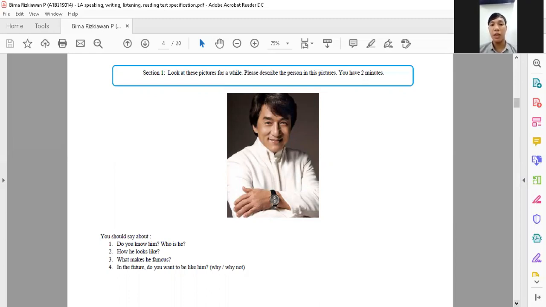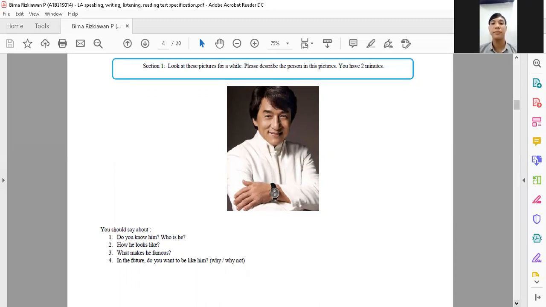You should say about: first, do you know him or who is he? Second, how does he look? Third, what makes him famous? And the last, in the future, do you want to be like him? Why or why not?